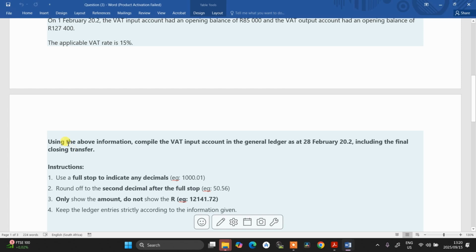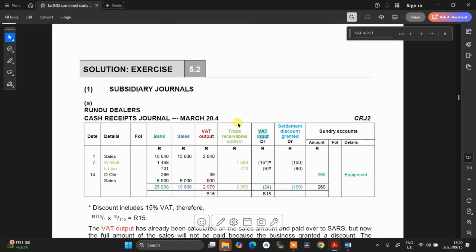Before we begin answering this question, I think it will be most beneficial to you to see this example here and then look at the different subsidiary journals where this information comes from. Okay, in terms of the cash receipts, in that question they gave us the sales figures, so the sales column. That simply means that we were given this total here, and this amount here is VAT exclusive.